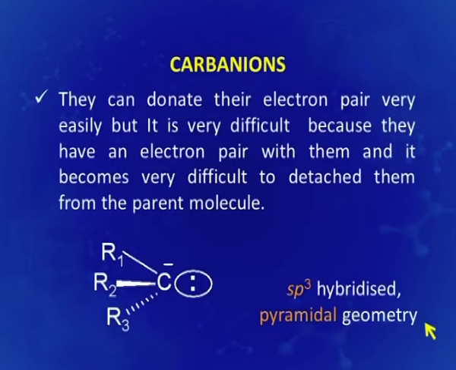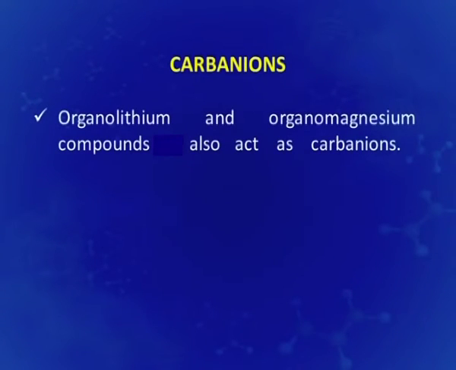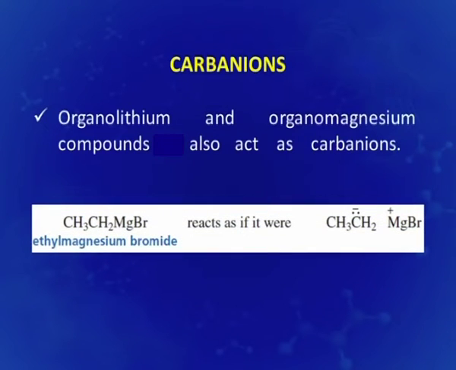Besides these types of carbocations, we have organolithium and organomagnesium compounds which act as carbanions. As you can see here, we can write ethyl magnesium bromide like this also.